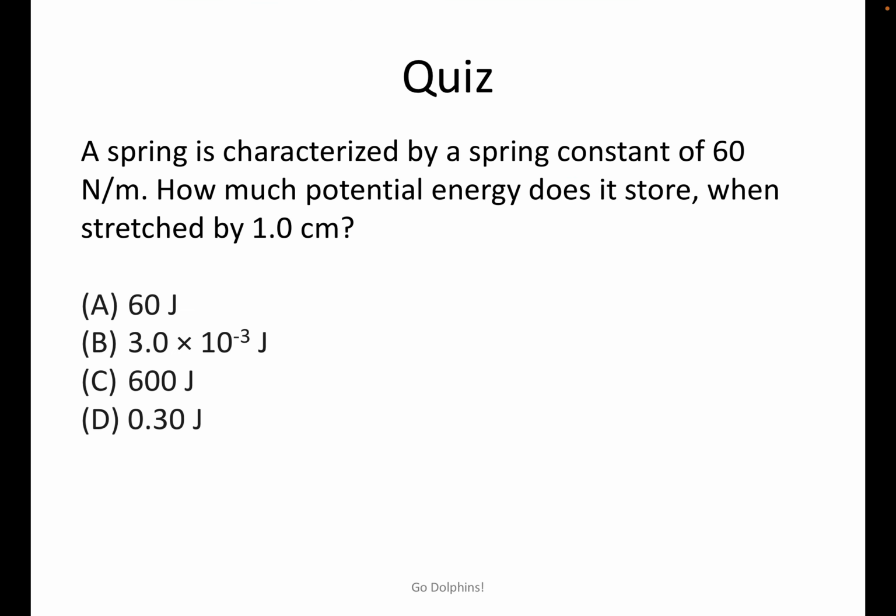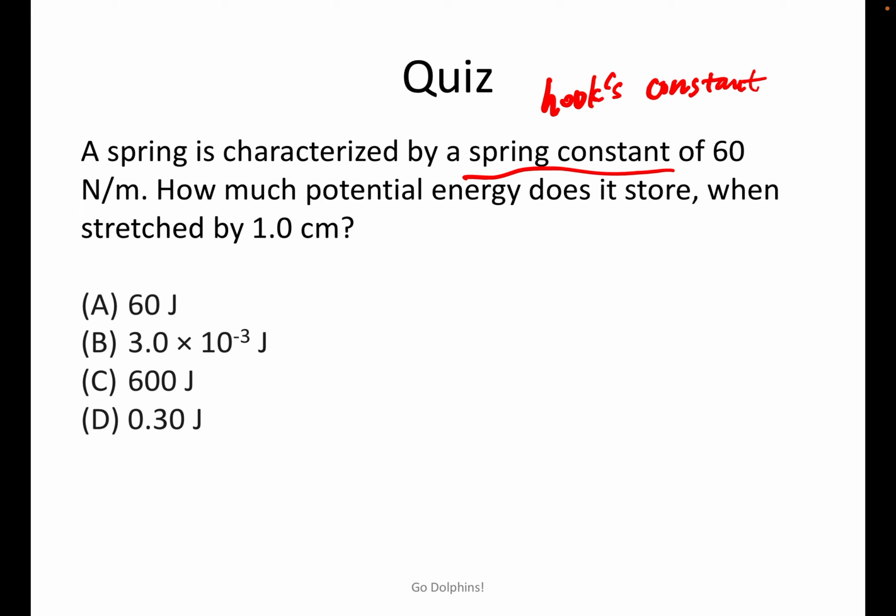A spring has a spring constant of 60 Newton per meter, also called Hooke's constant, so we don't get confused. How much potential energy does it store when it's stretched by 1 centimeter?